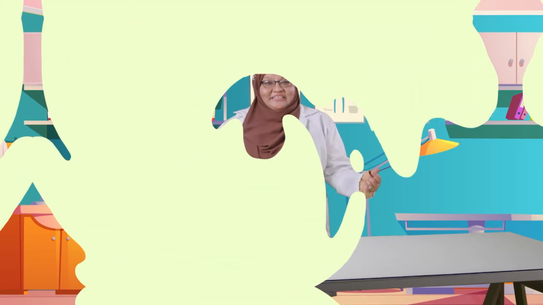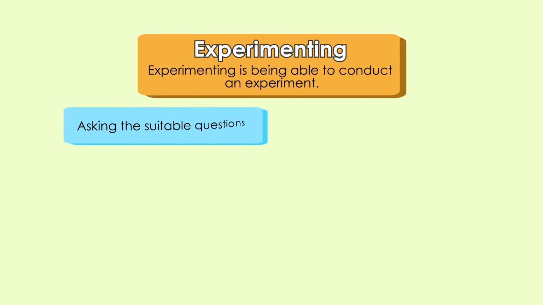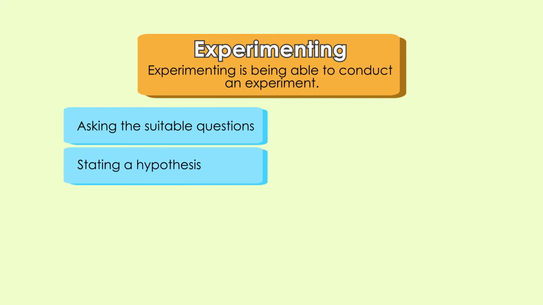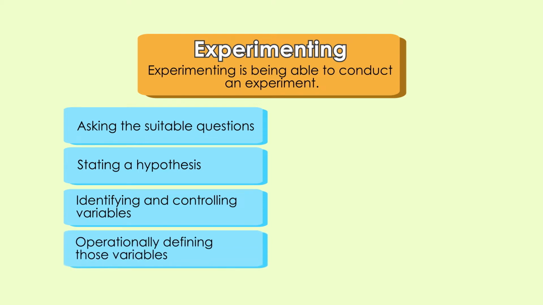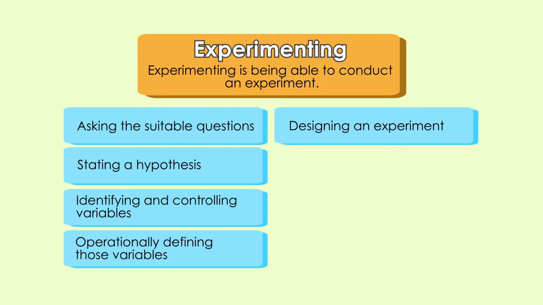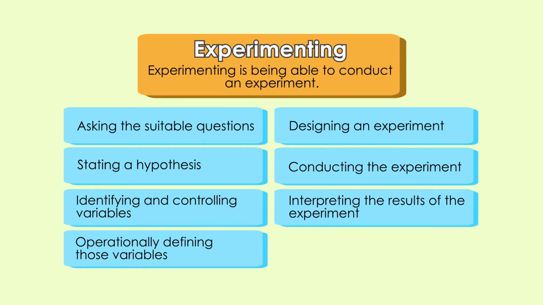If not, why not? In other words, experimenting is being able to conduct an experiment, including asking the suitable questions, stating a hypothesis, identifying and controlling variables, operationally defining those variables, designing an experiment, conducting the experiment, and interpreting the results of the experiment.